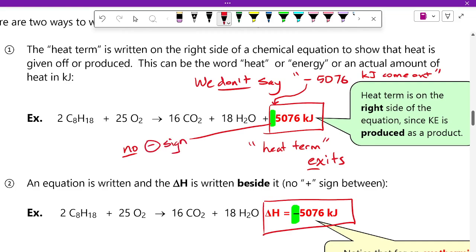The heat term is always positive in the equation.